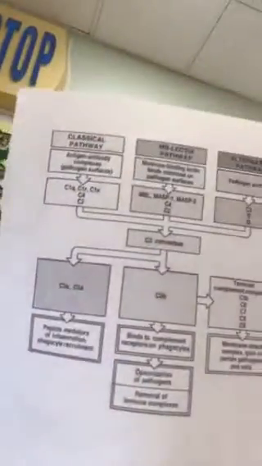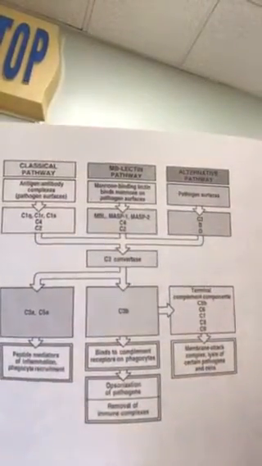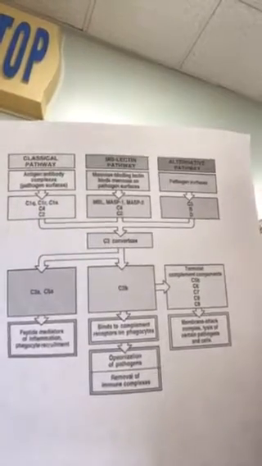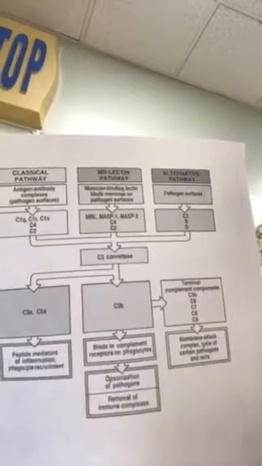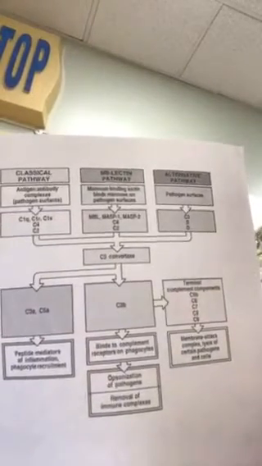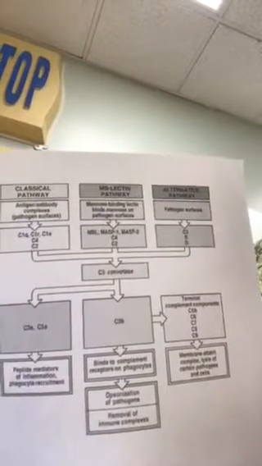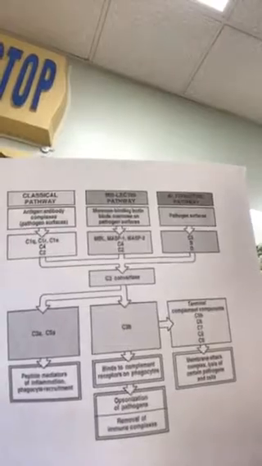And basically here I have the same chart. It just shows a little bit more detail and what proteins we have taking place there. So in the classical, the antigen-antibody complexes, we have C1q, C1r, C1s, C4, C2. The MB-lectin, mannose binding lectin, which I stated a minute ago, binds mannose on the surfaces of pathogens.